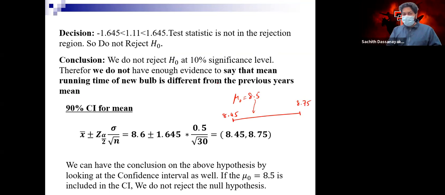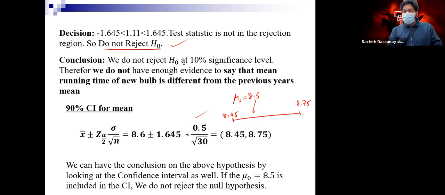Also, once you check the confidence interval, you will see that the value 8.5 is inside the confidence interval, so the decision is correct. Once you do not reject and find the confidence interval, this should happen in your questions as well. Please remember that.